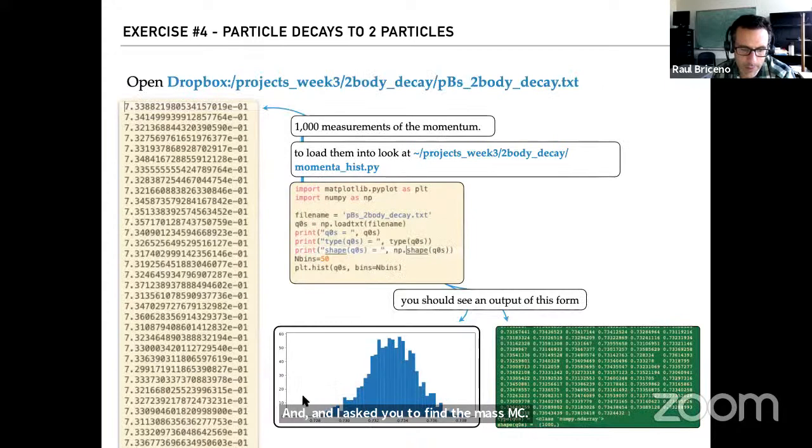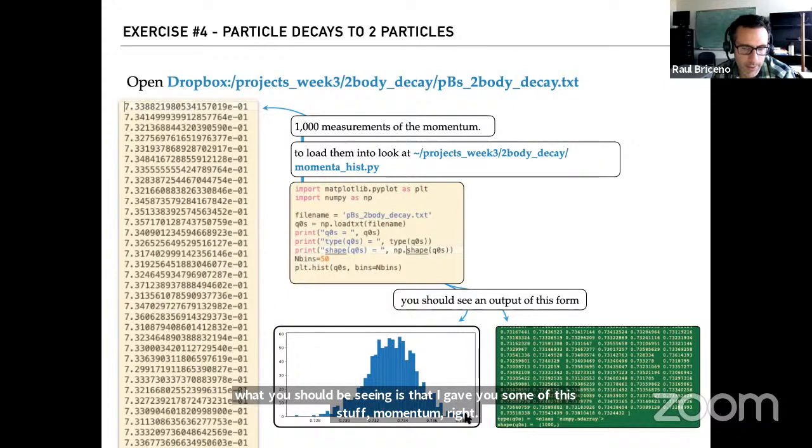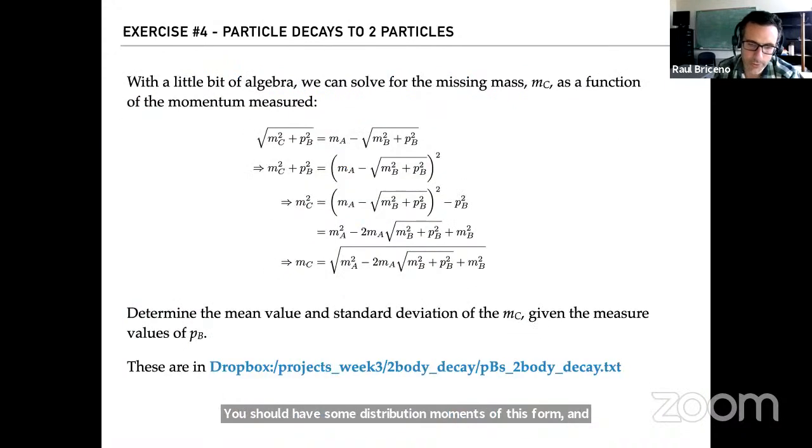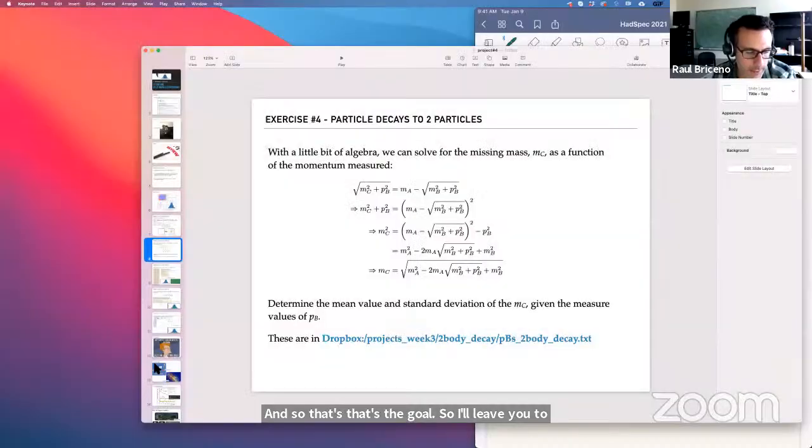What you should be seeing is that I gave you some list of momenta. You should have some distribution of momenta of this form. And then you just have to propagate that through this equation to find the distribution for the mass MC. And so that's the goal. So I'll leave you to do that. So that's from last week.